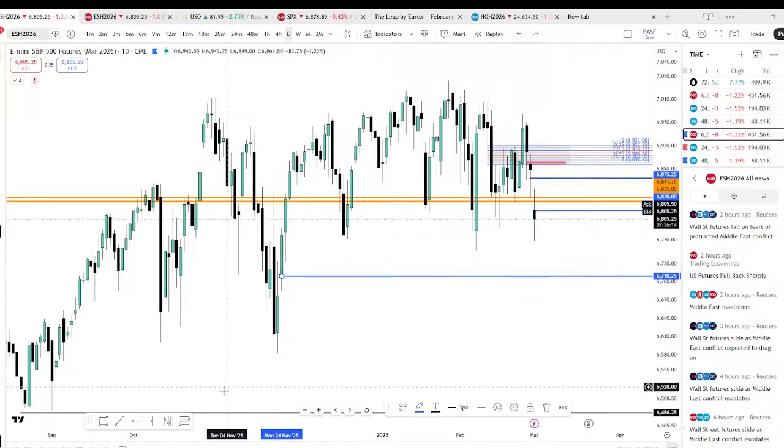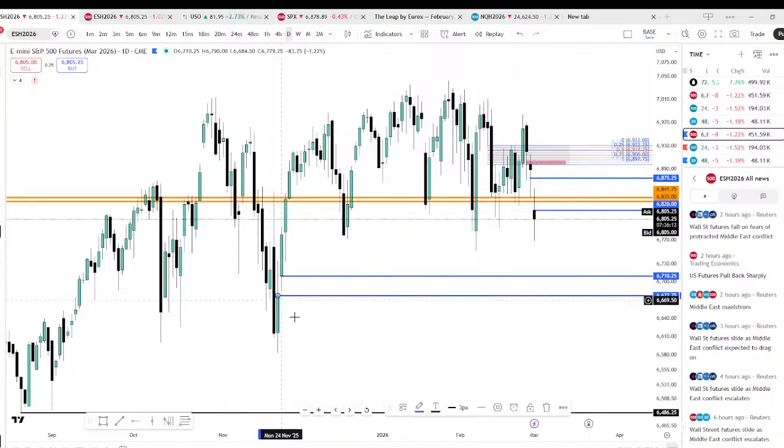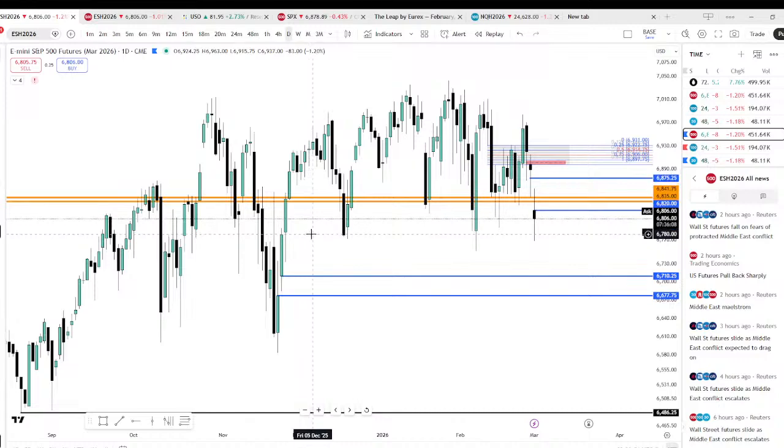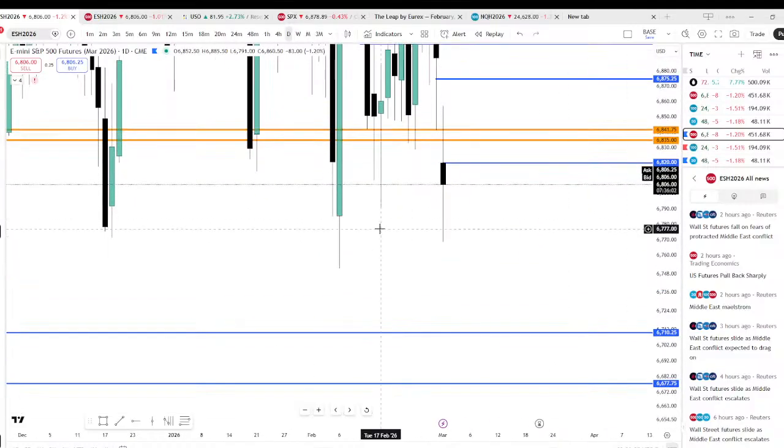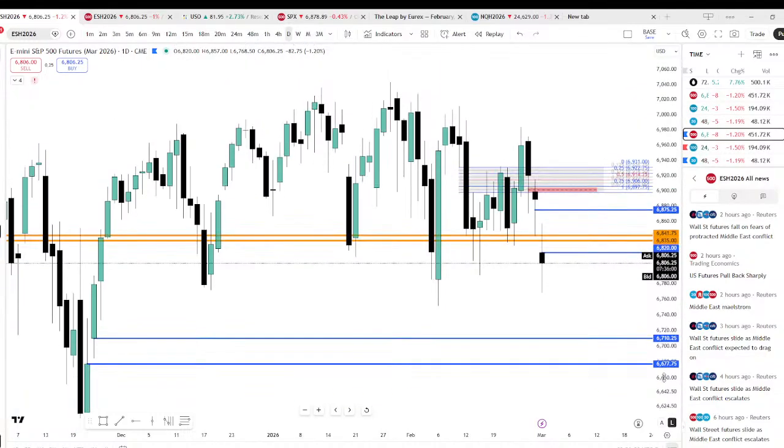We'll use the lines again to draw this one in. This is a gap here as well.